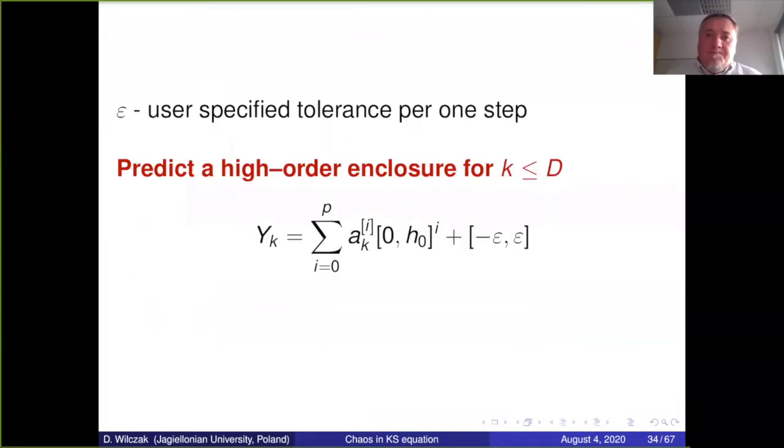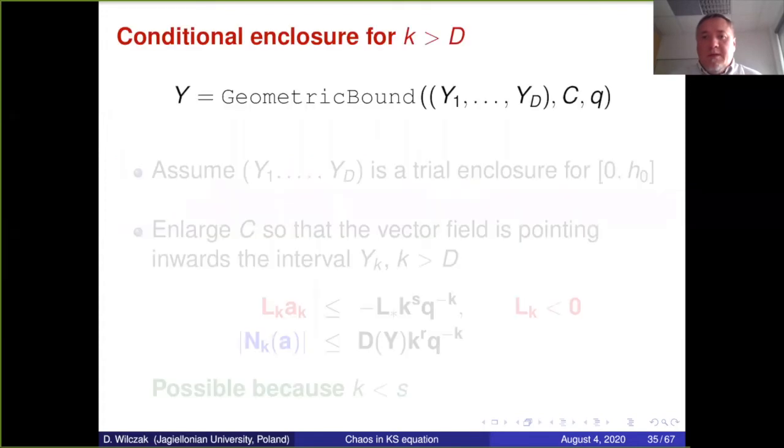And usually we have the following strategy. We have a user-specified tolerance per one step. So this is the error which is acceptable by the user. And our enclosure is component-wise in this form, okay? So y_k, the kth component of the enclosure, is a Taylor polynomial plus minus epsilon, which is this tolerance.